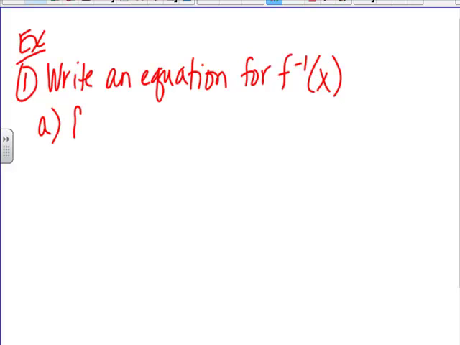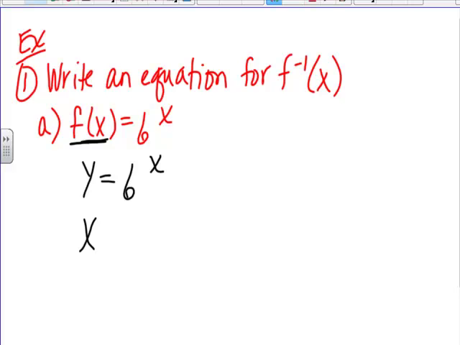Say we are given f of x equals 6 to the x. So what you're going to do is the same process we've done before. You say, well, I realize f of x is just a fancy name for y, so y is equal to 6 to the x. Remember that what we do when we write an inverse is we switch the x and the y, but then we have to solve for y.